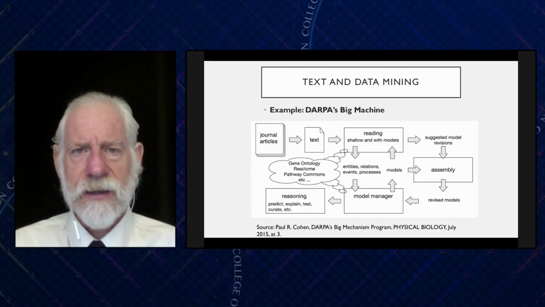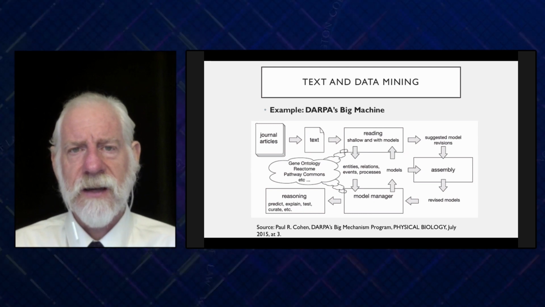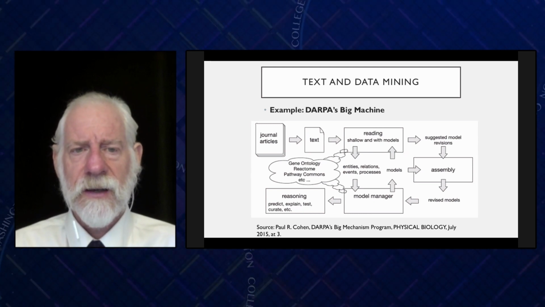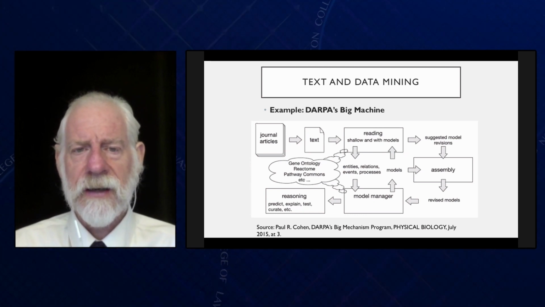So just one example: for researchers trying to find a cure for Alzheimer's, there is a hub in which well over 100,000 papers are gathered, and no individual researcher could possibly process all that without the aid of a machine. In the article that I've published, I select DARPA's Big Mechanism process.